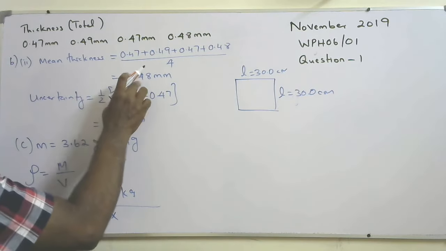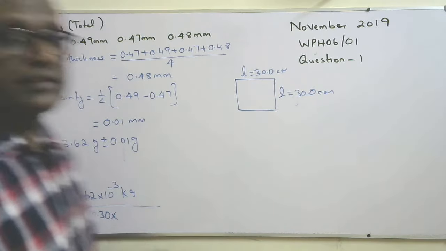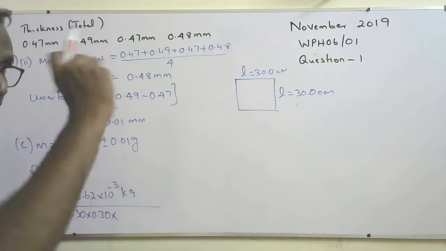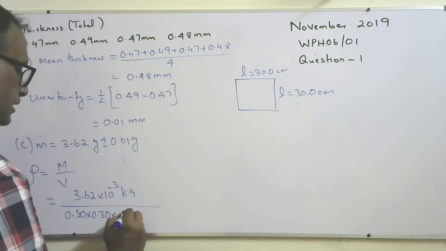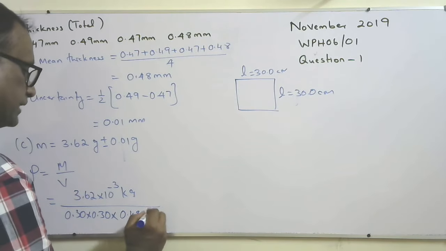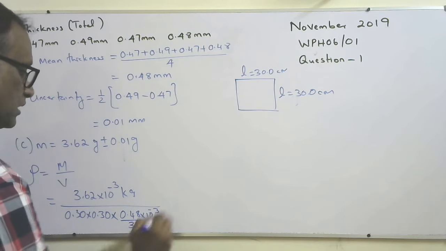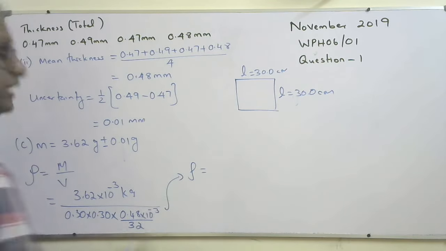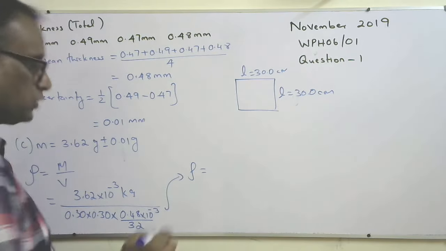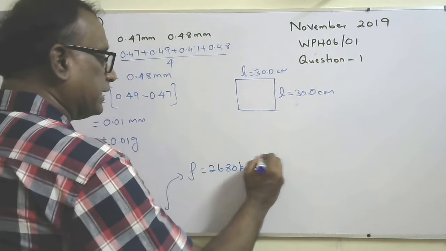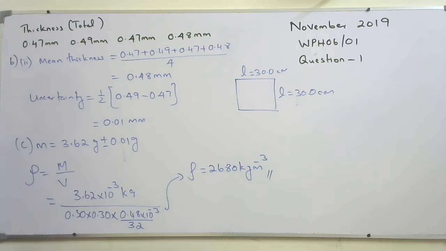Thickness means this must be converted to meter, then divide by 32 to find the thickness of one sheet, because this is for the 32 sheets. So 0.48, 10 to the power minus 3 to convert millimeter to meter, divide by 32. So the answer you will get, density will be, normally we give it in 3SF, 2680 kilogram per meter cube. That's the answer for part C.